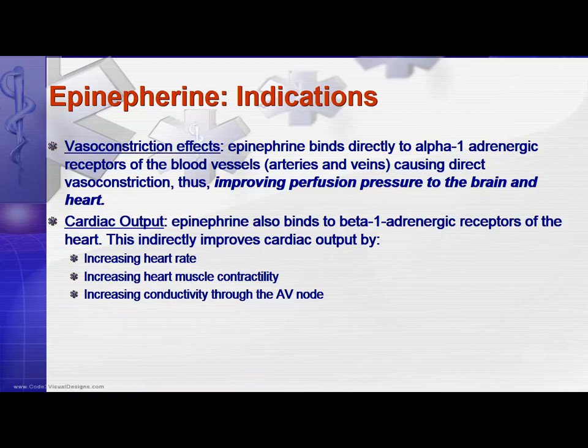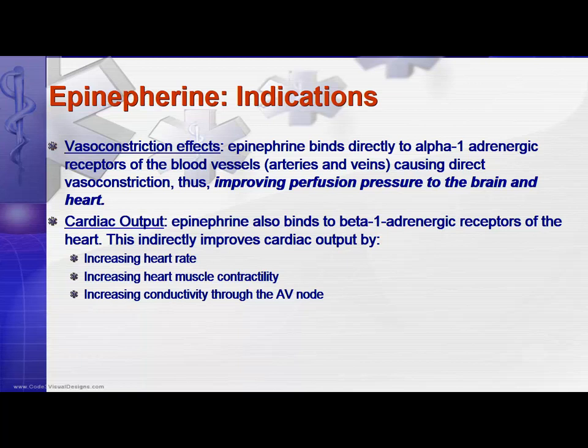Epinephrine binds directly to alpha-1 adrenergic receptors of the blood vessels, causing direct vasoconstriction, thus improving perfusion pressure to the brain and heart. Important as far as getting oxygen to the brain. And then your cardiac output, epinephrine also binds to beta-1 adrenergic receptors of the heart.